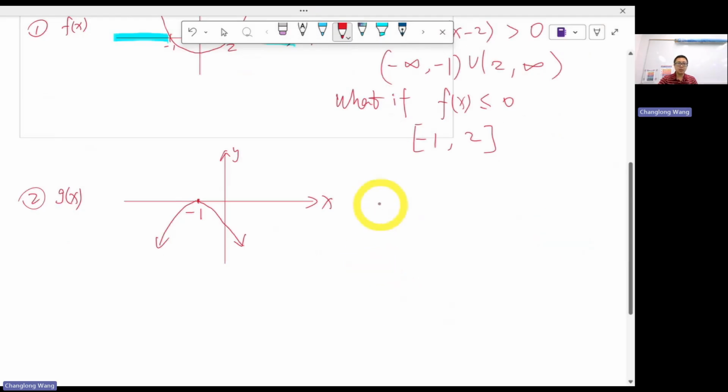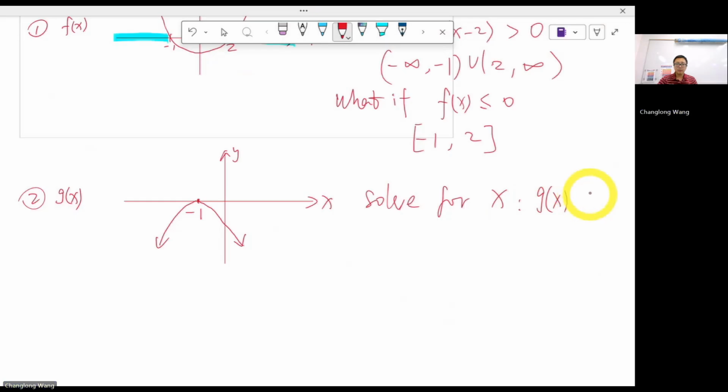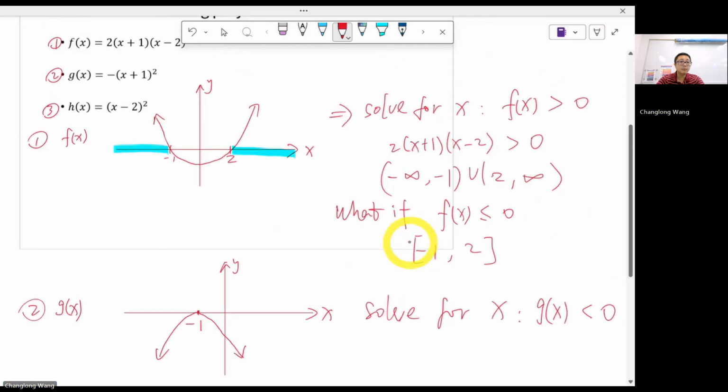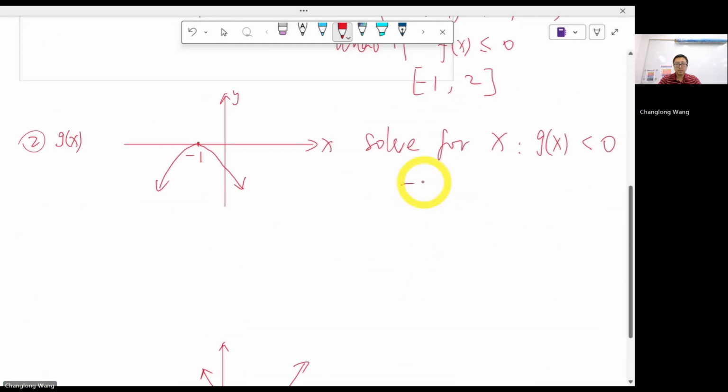So now the same thing will be asking you to solve for x from an inequality that goes like g of x. This time I'm going to go with less than 0. By g of x, I mean negative x plus 1 squared less than 0.